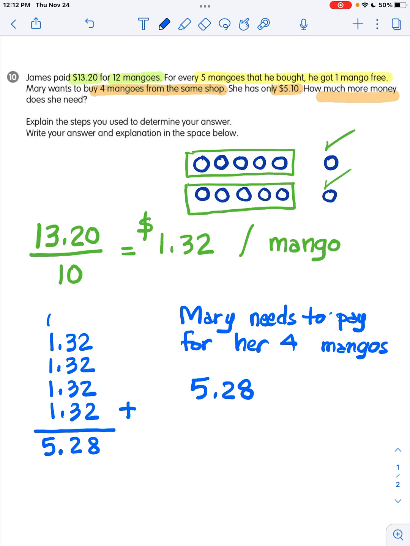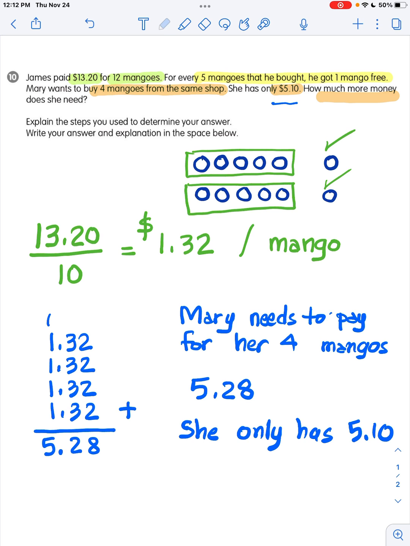But she only has $5.10. She doesn't have $5.28. She only has $5.10.